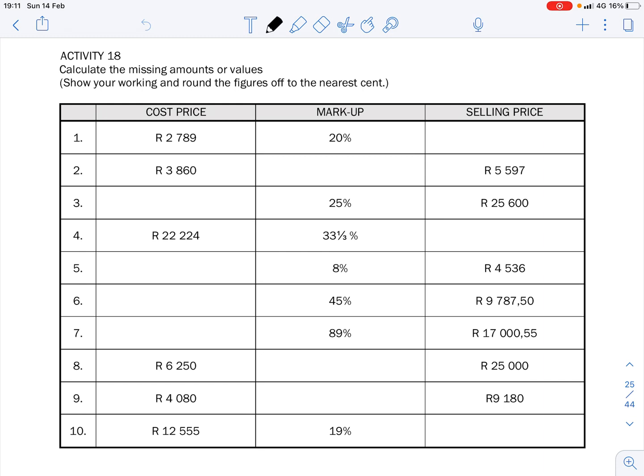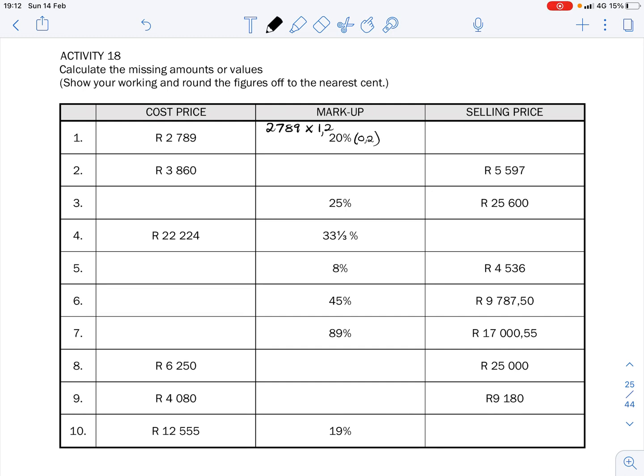Okay, now the first one that we have is cost price with the markup, and we're looking for our selling price. So selling price equals your cost price, 2789, multiplied by 1 plus our markup as a decimal, so 1.2, because as a decimal 20% is 0.2.